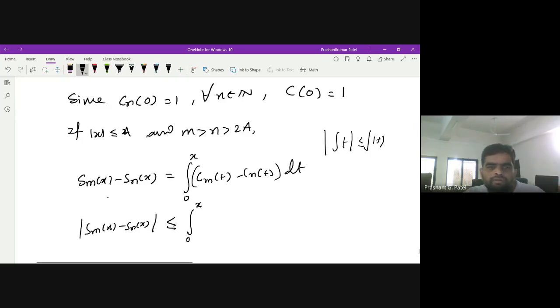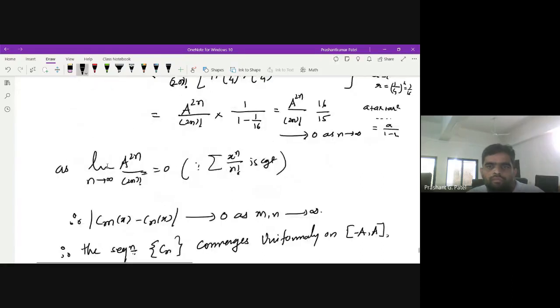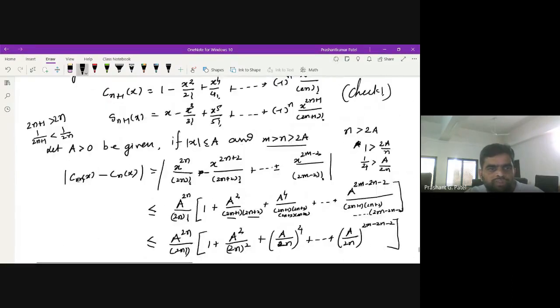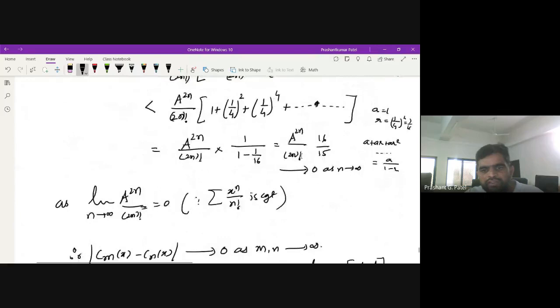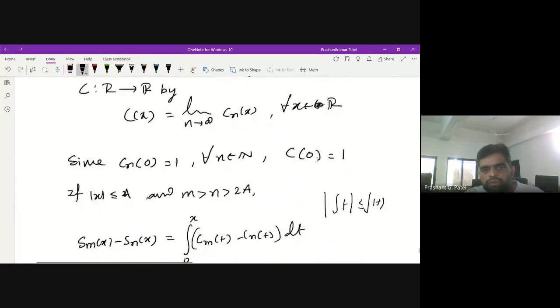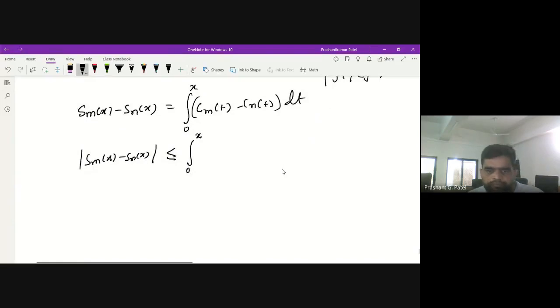What we have proved is mod of Cm of x minus Cn of x is less than or equal to a power 2n upon 2n factorial into 16 by 15, into dt.